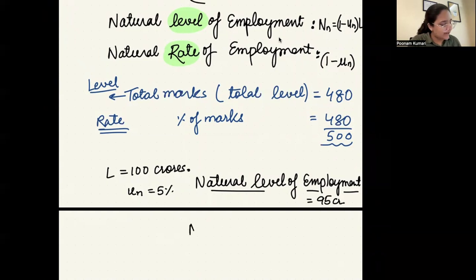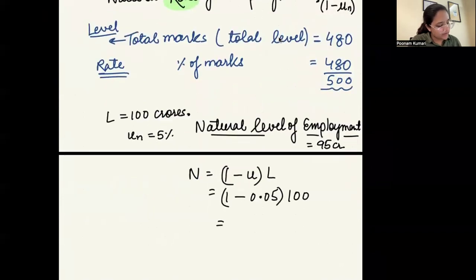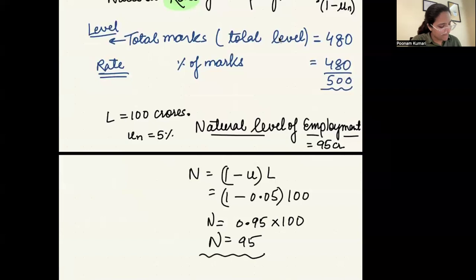ये आपने कैसे निकाला? N is equal to 1 minus U times L. 1 minus U will be 0.95 times L. L is 100. So this is 0.95 times 100. है ना? Right? ठीक है?